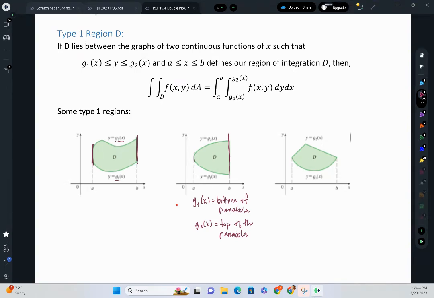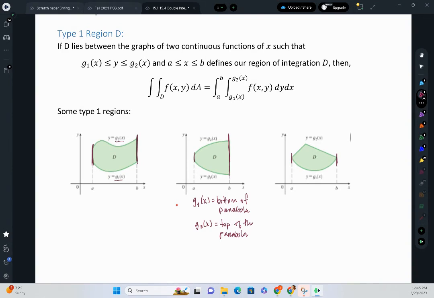This next one, in order to make it a type 1 region where y is going from a function to a function while x goes from a number to a number, I can clearly see x is going from a to b. What is not so clear to me is the top function for y, because I've got this V shape going on here.